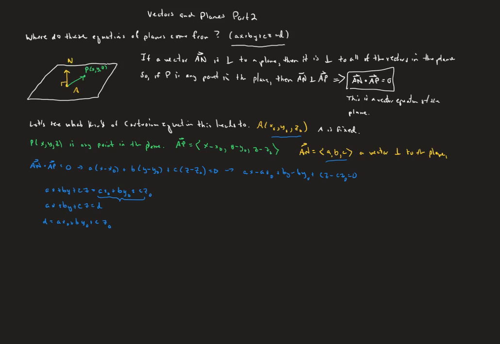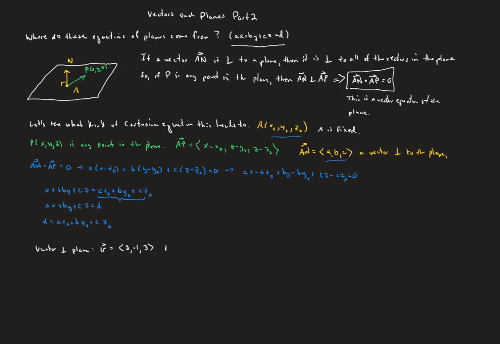Okay, well this is actually a formula for coming up with an equation of a plane. So let's look at an example and see what this is going to look like with actual numbers in it. So let's say that our vector perpendicular to the plane, we'll call it V, is going to be 2, negative 1, 3.